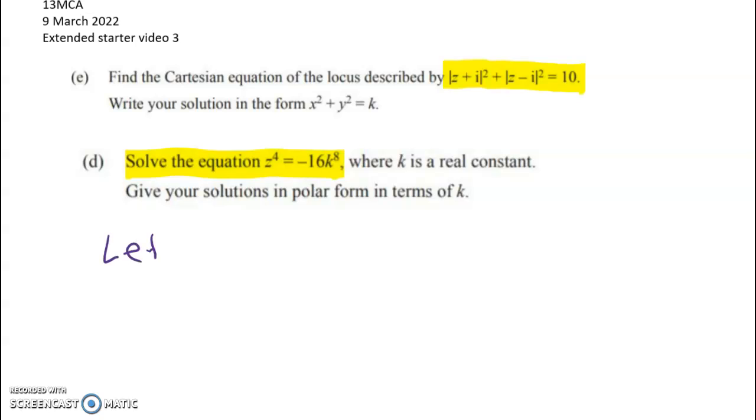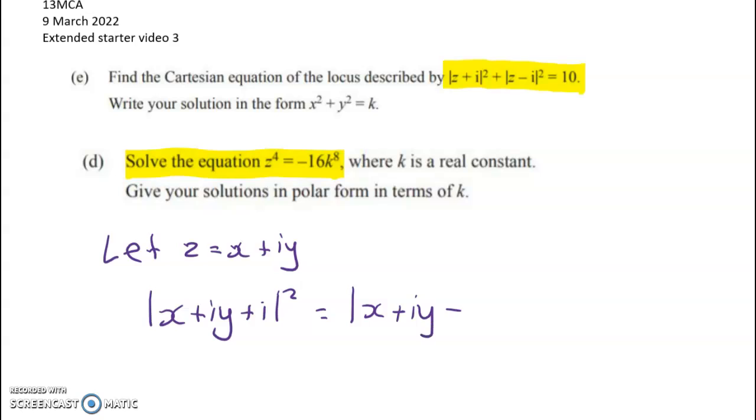We'll start by letting z equal x plus iy, and then we're going to substitute in here. So x plus iy plus i squared is equal to x plus iy minus i, and the magnitude is squared. Whoops, it's not a minus, that's a plus. And that equals 10.